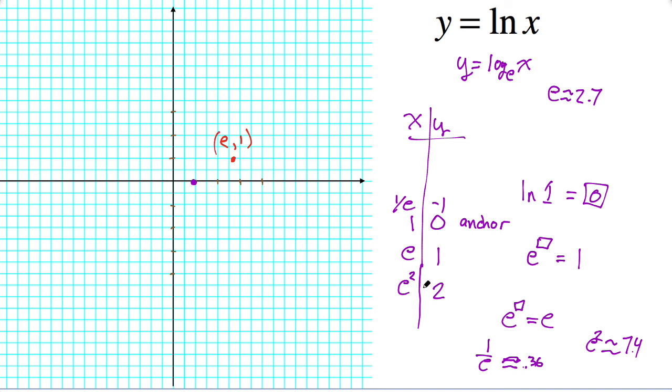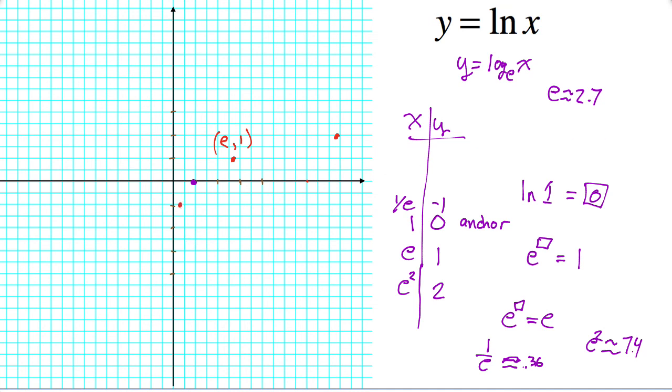E squared is approximately 7.4: 1, 2, 3, 4, 5, 6, 7, 7.4 approximately, and then come up to 2. That's e squared, 2. Now on the fractional side, we have 1 over e, which is approximately 0.36, a little bit bigger than a third.